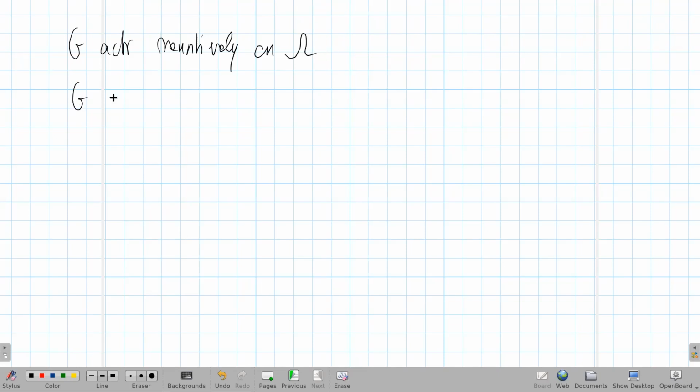And the reason is the following. Suppose, for simplicity, that G acts transitively, so one orbit, on the set omega. Then G acts naturally on omega times omega. How? Well, it's rather easy.